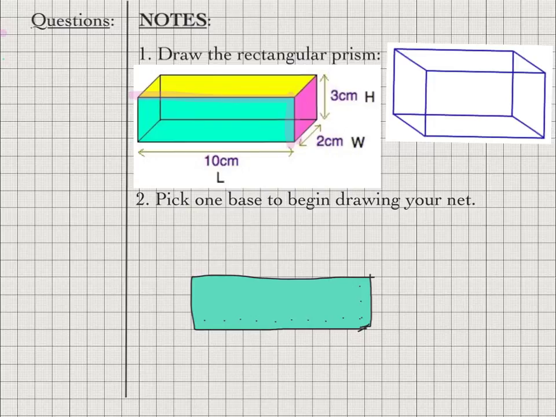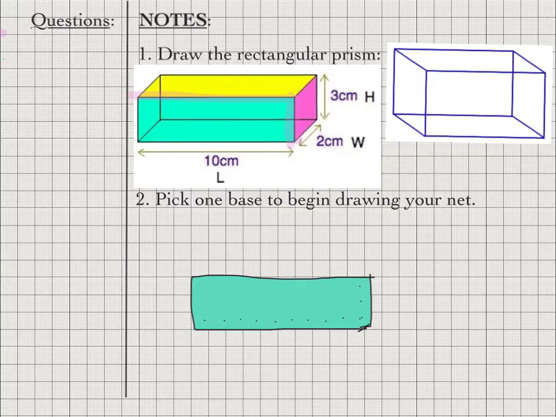Now the yellow face has 10 centimeters along one side, and that's the side where it's going to be connected to this other rectangle. And then it has a length here, or a height here, of 2 centimeters. So I need to draw my rectangle that is 10 centimeters, so I'm going to leave this line here, and I'm going to go up 2 centimeters.